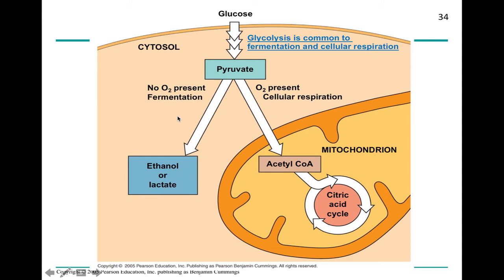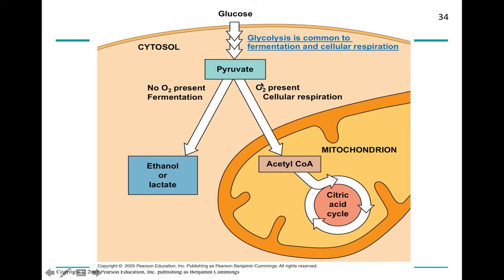Does fermentation take place only in bacteria? No, it's not true. Fermentation can take place in our muscle cells. Fermentation does not occur in our brain cells, but yes, when our muscle cells are working too hard and you're exhausted and they need to still continue making energy, then they convert this pyruvate, which is the product of glycolysis, into lactic acid, also called lactate.